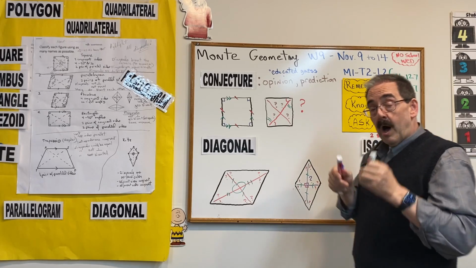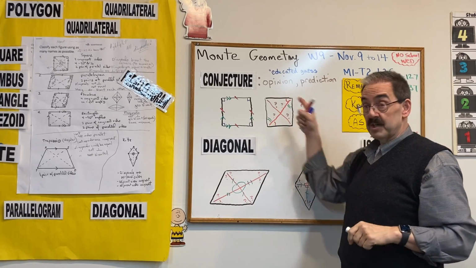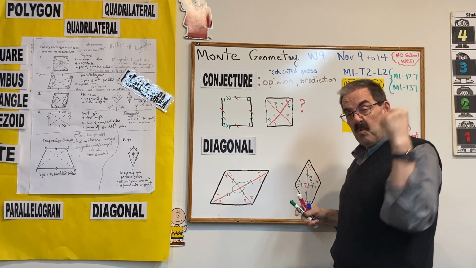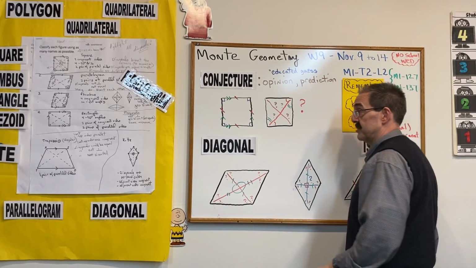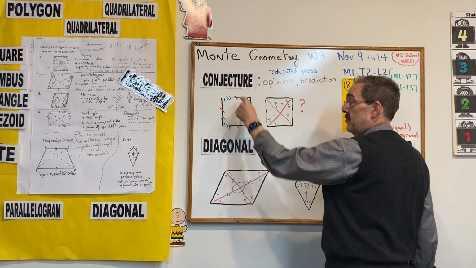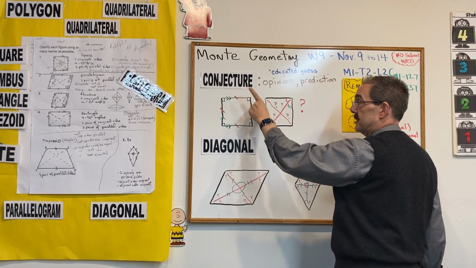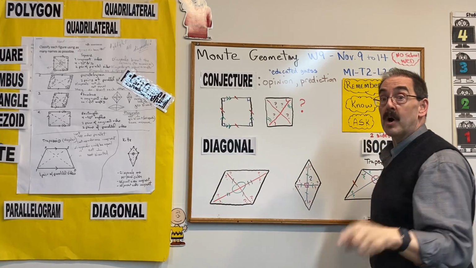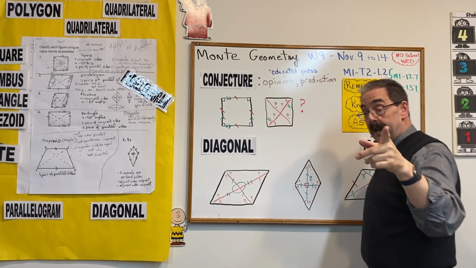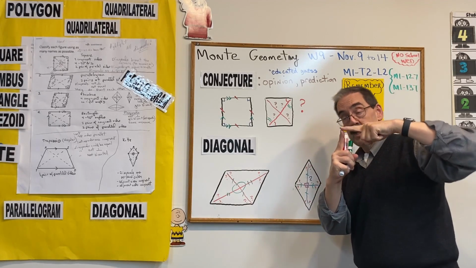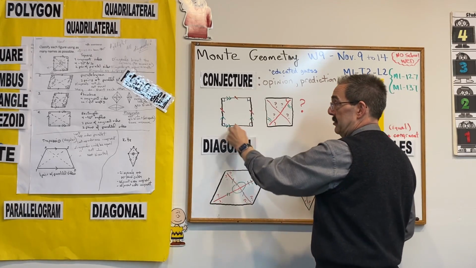Now, I always start with the square because we're good at it. Think of when you walked into this class 9 weeks ago, you knew all about a square. 4 equal sides, hash mark, hash mark, hash mark, hash mark. 4 90-degree angles, boom, boom, boom, boom. I added the word perpendicular, right angle.